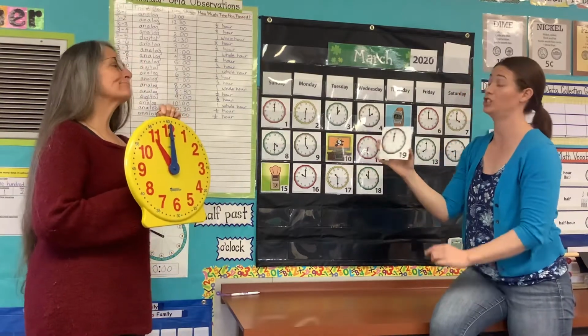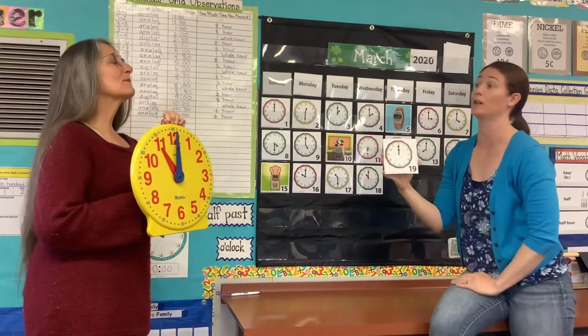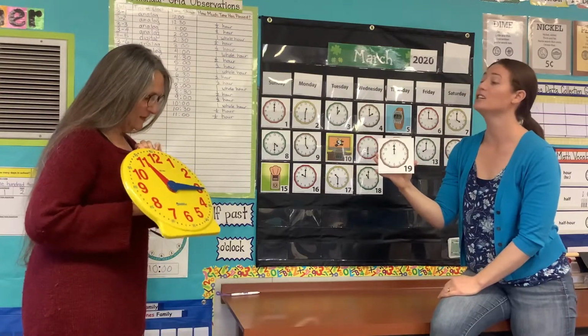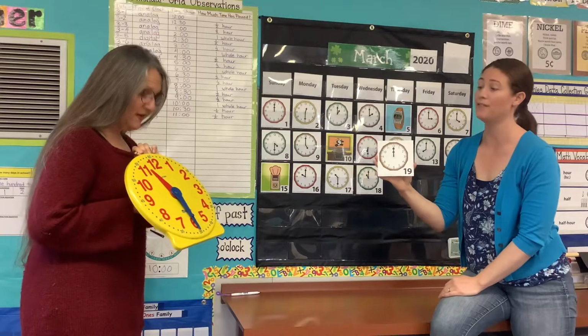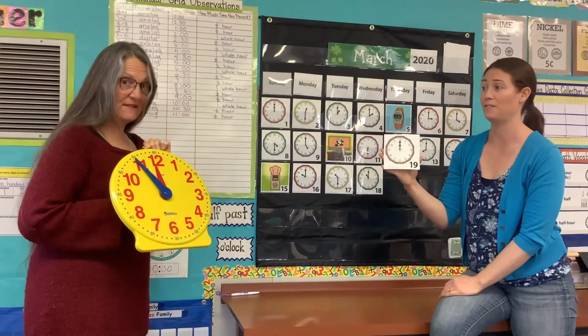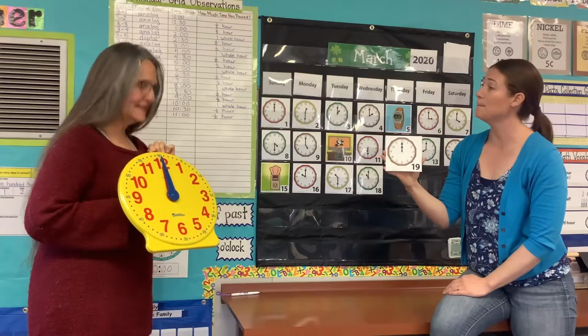Miss B, let's see how much time has to pass in order for us to show this time on your clock. Ready? All right. 5, 10, 15, 20, 25, 30. That's a half an hour. 35, 40, 45, 50, 55, 60 minutes.